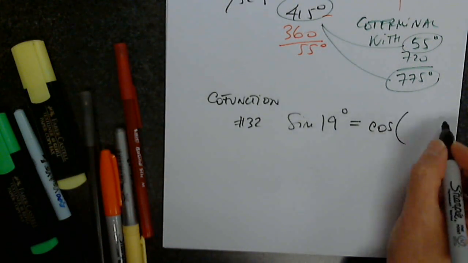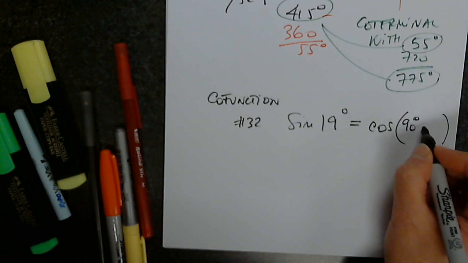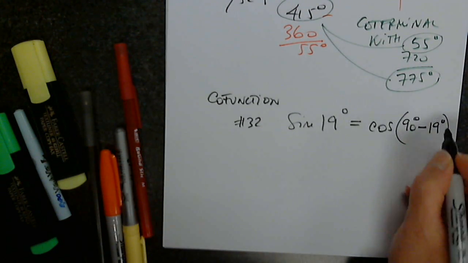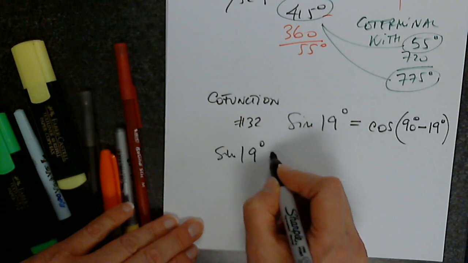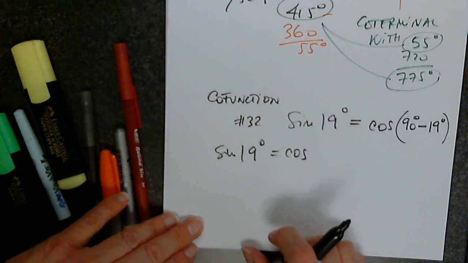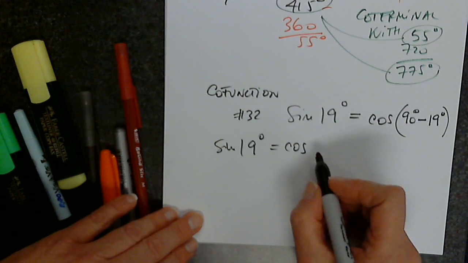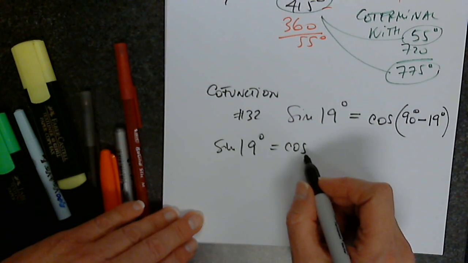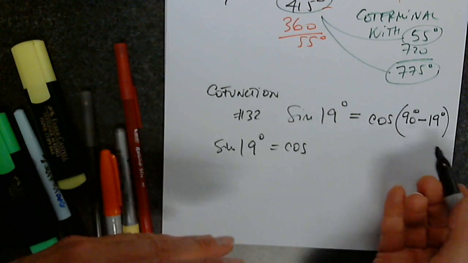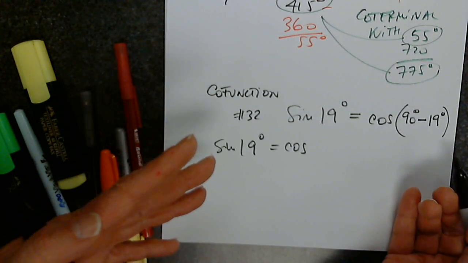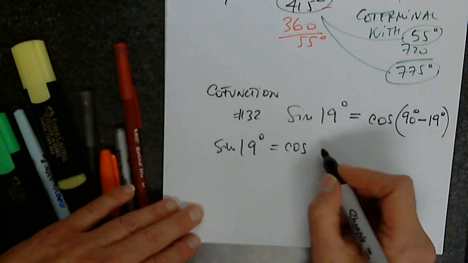Cosine of 90 degrees minus 19. Therefore, sine 19 degrees is the same as cosine applied to 90 minus 19. Very good.